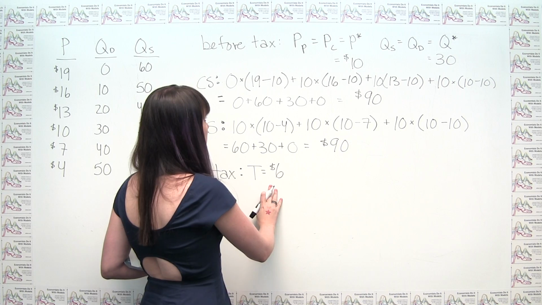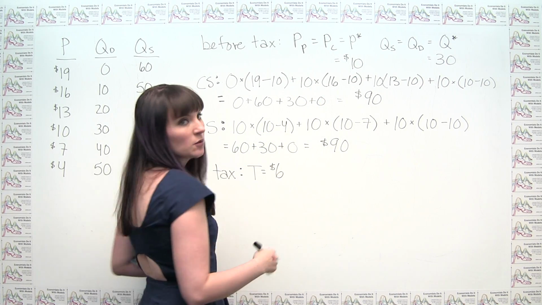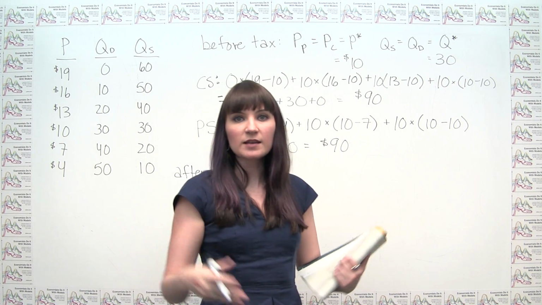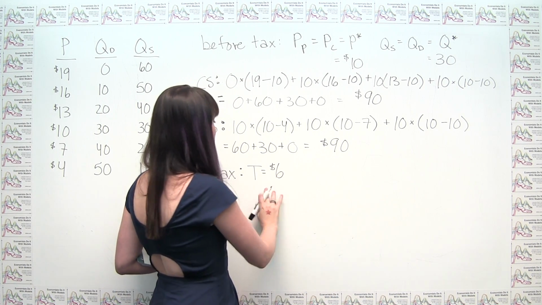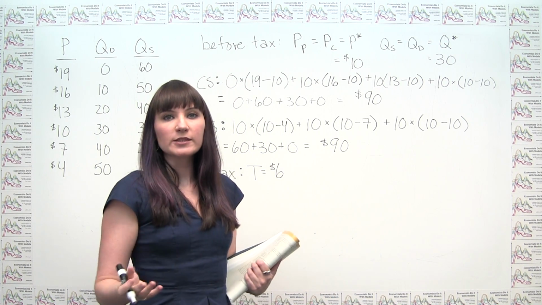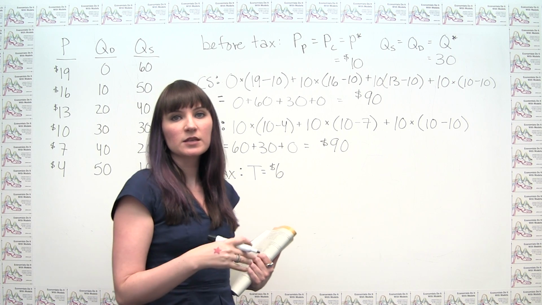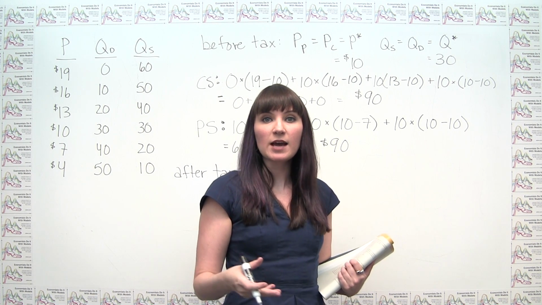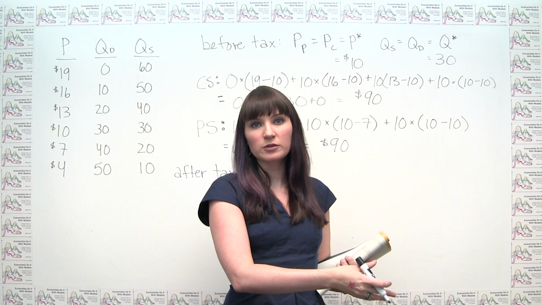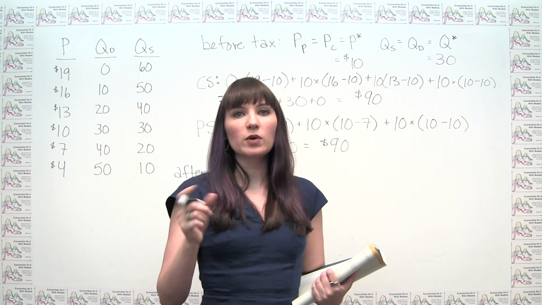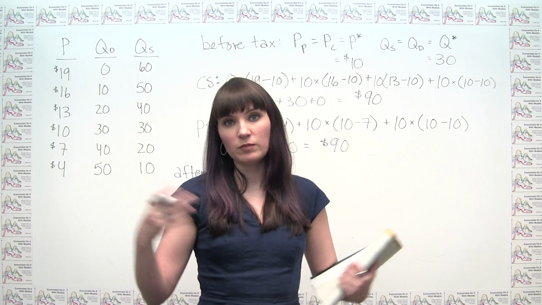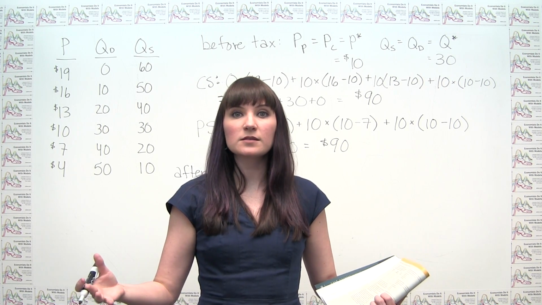And we can also think about what our condition for equilibrium is once we have this tax in place. If you think about it, what this tax is actually doing is driving a wedge between the price that the consumer pays inclusive of the tax and the price that the producer receives net of the tax. All of a sudden those two prices have to differ, not surprisingly, by the amount of the tax.